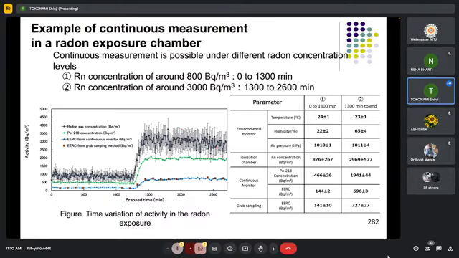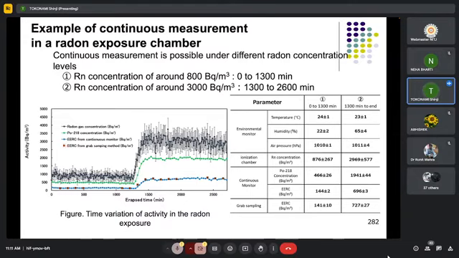Also, we can measure the radon progeny concentrations, such as equilibrium equivalent radon concentrations. And also we took air samples intermittently to check the reliability of the data.